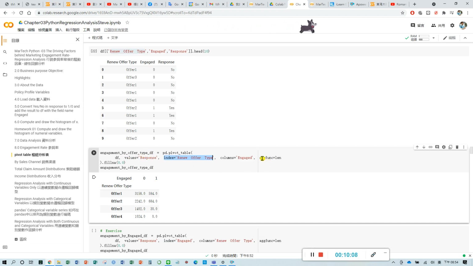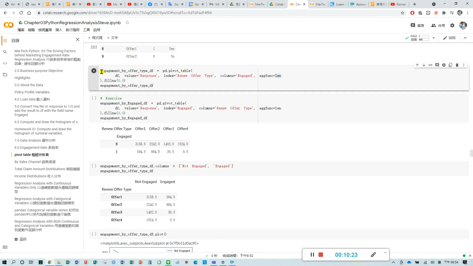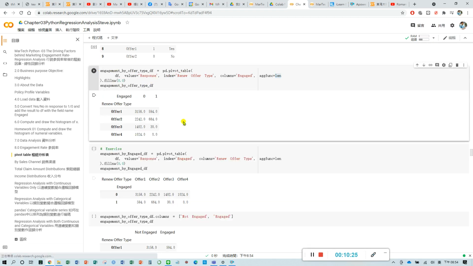And what is the function? Length. It calculates the length, 长度, of the response. Okay, so with this pivot, it's easy for you guys to find the relations between these three variables. Okay, so you may do some exercise.